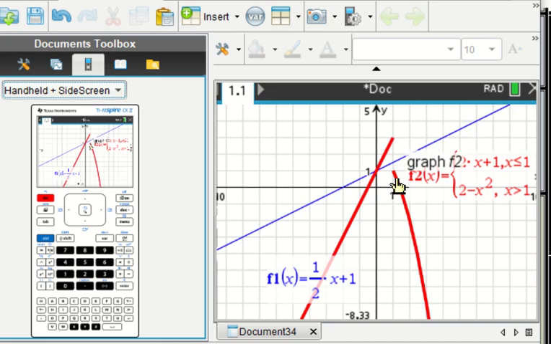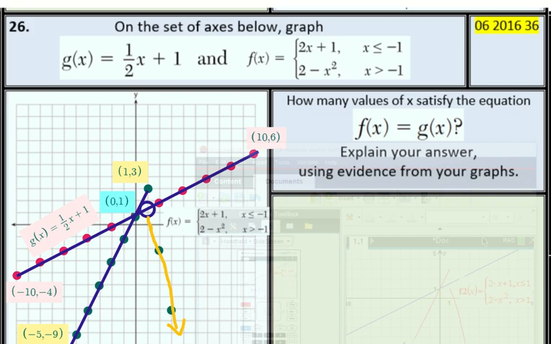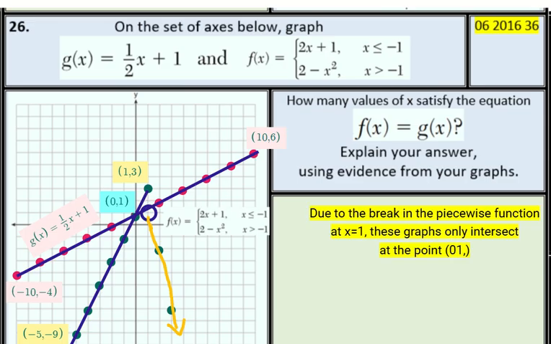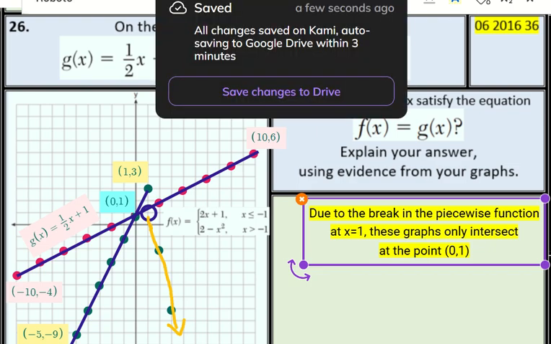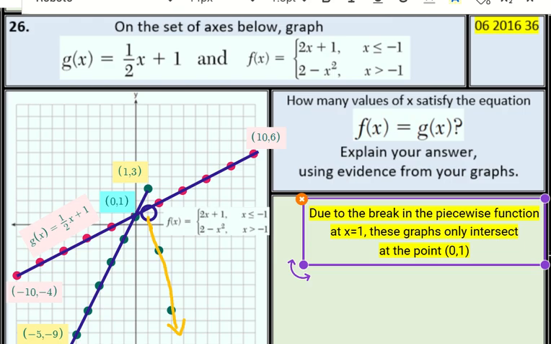And that's understanding that there is a gap between this point and the point above. So they only have 1 point in common. So due to the break in the piecewise function at x equals -1, these graphs only intersect at the point 0, 1. And that's 4 complete points for question number 26.